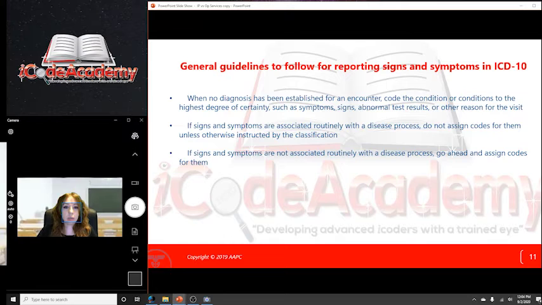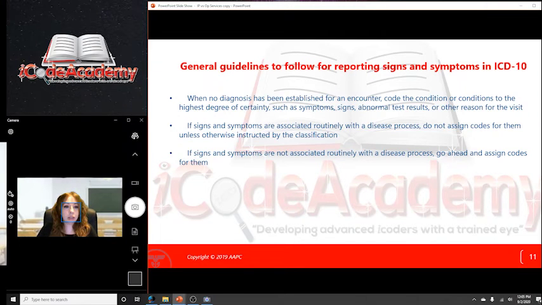Now, if signs and symptoms are not associated routinely with a disease or a condition, we want to go ahead and code for them. So what I mean by that, taking it back a little step here, is if a patient is coming in and they are diagnosed with pneumonia, one of their signs might be a fever or a cough.